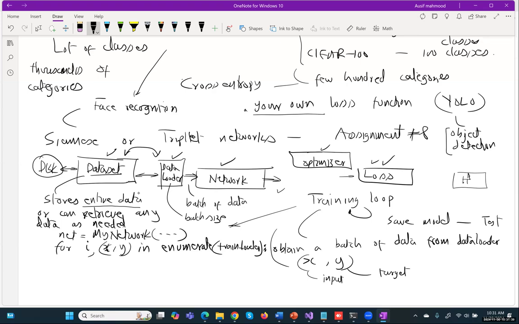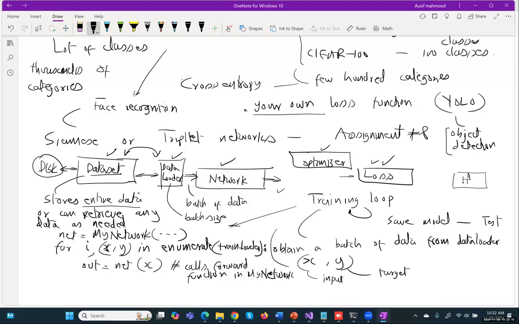So now what you will do is you'll feed, for example, you'll say out equal to net of X. Okay. So the X input that you obtained from your data loader, now you're feeding it to the network, right? So at this point in time, it calls the forward function in MyNetwork or whatever you created earlier.